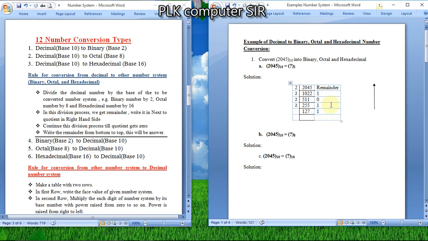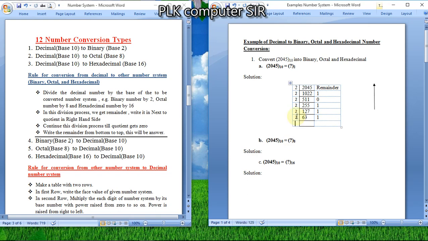It is not the zero question, so we have to repeat the process. 127 divided by 2, the answer you will get is 63.5. To get the remainder, 127 minus 2 into 63. If you do this, the answer will come 1. You can use the calculator if you are confused. It is not 0, so again we have to divide by 2.